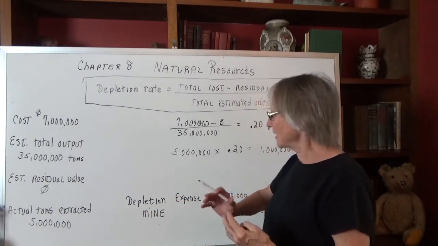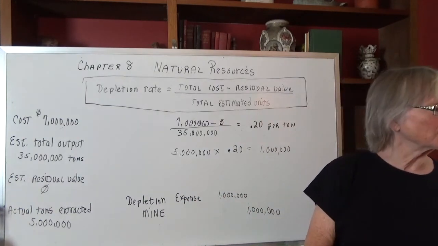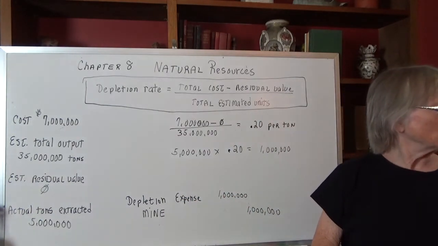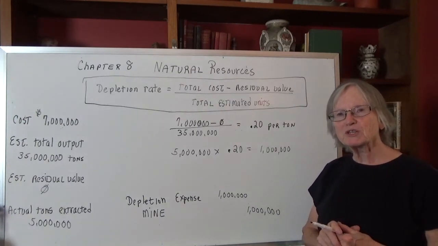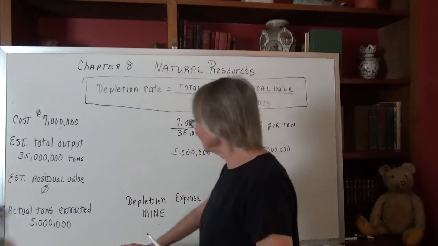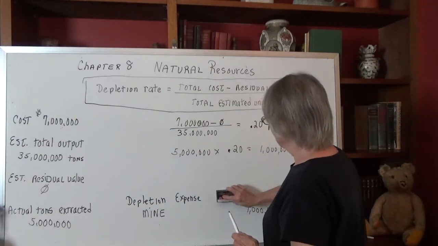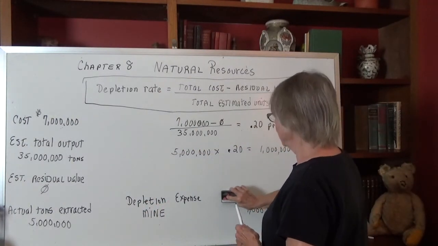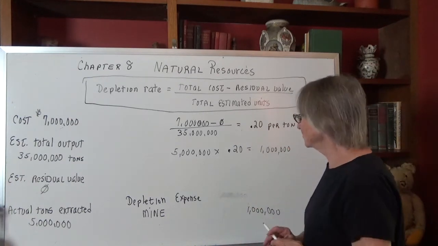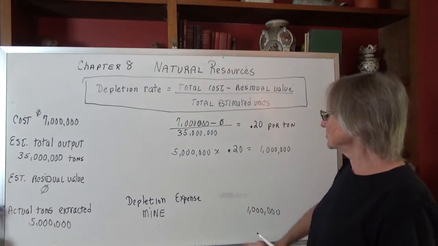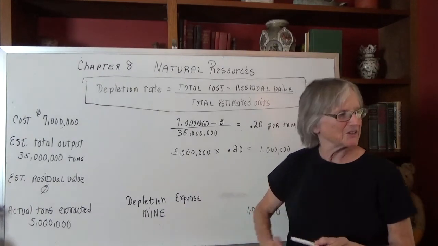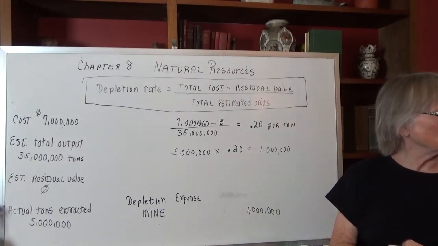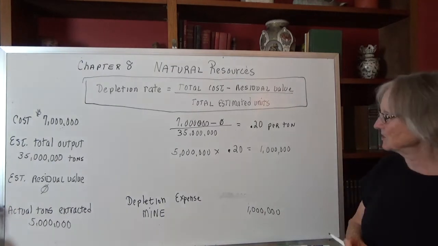Say we mined the same 5 million tons, but we only sold 3 million tons. Then we'd have to change this a little bit. We would still have taken 1 million out of the mine, but the only amount we could charge to depletion expense would be the amount that was mined and sold. So we would have to go with 3 million tons.